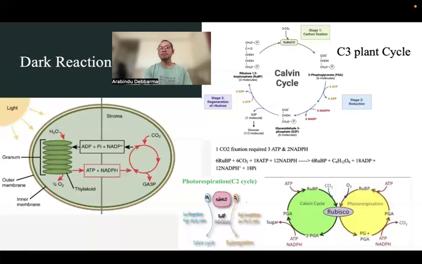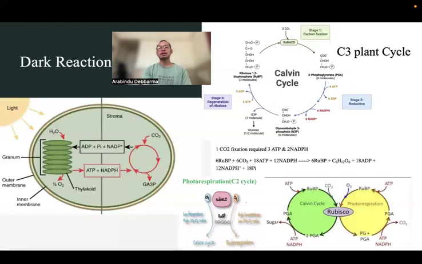In this enzyme, CO2 is combined with a molecule called ribulose bisphosphate. Ribulose bisphosphate is a 5 carbon molecule where carbon dioxide is fixed, joins, and forms a 6 carbon molecule, a process called carbon fixation.